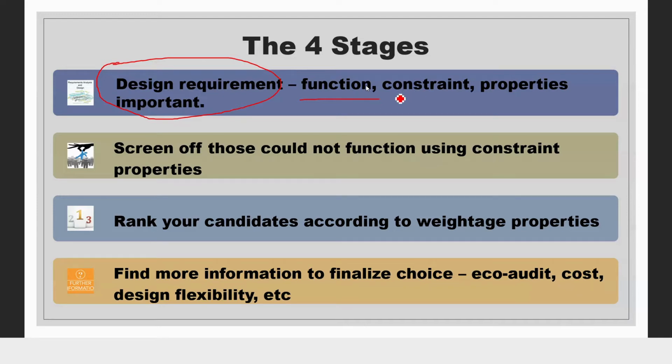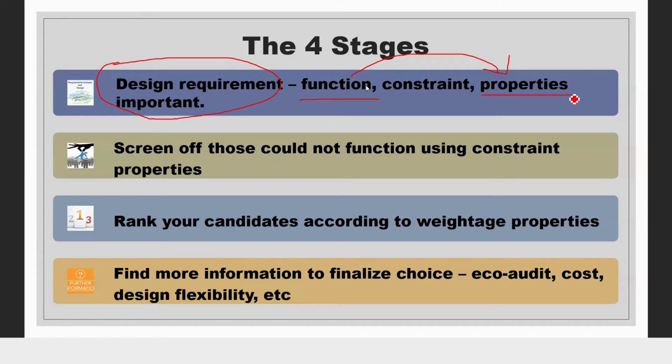Alright. Kemudian you also have to identify, oleh kerana you dah identify function, in order for the component to function, apakah properties yang perlu? Okay, you kena identify propertiesnya. For it to transfer heat, obviously dia mestilah kena ada heat conductivity.